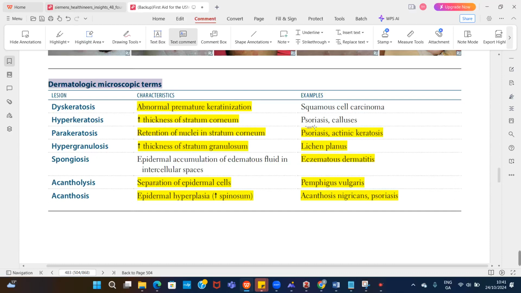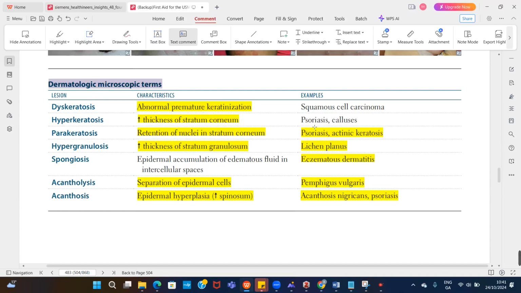Another one is parakeratosis. If you remember, when I was talking about the life cycle, I said the keratinocytes migrate from the stratum basale, become mature as they are migrating, and start producing keratin normally. When they get to the stratum corneum, they lose their nuclei and become flat. In some disease conditions, these keratinocytes do not lose their nuclei.